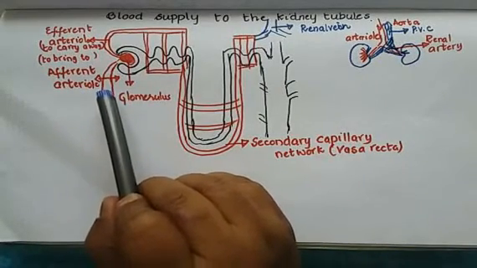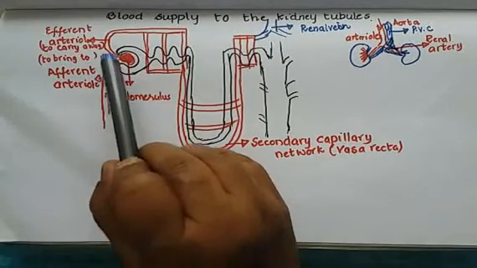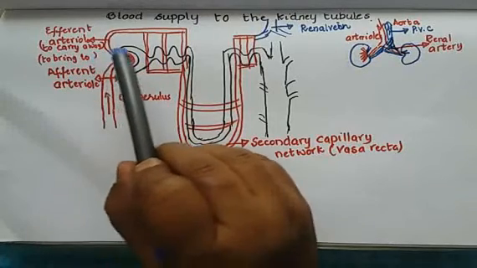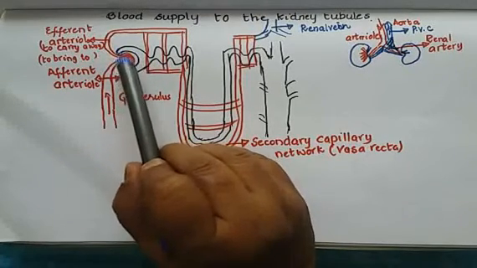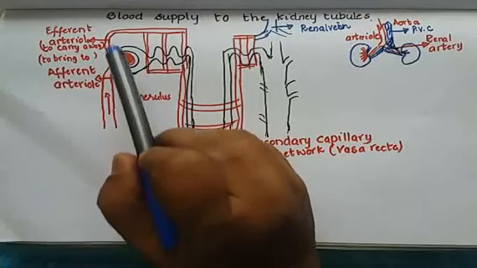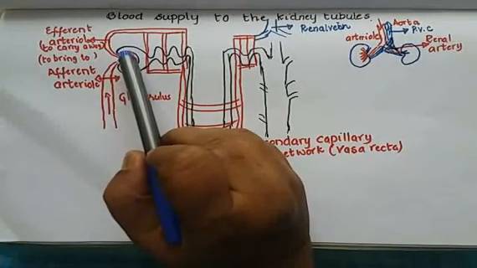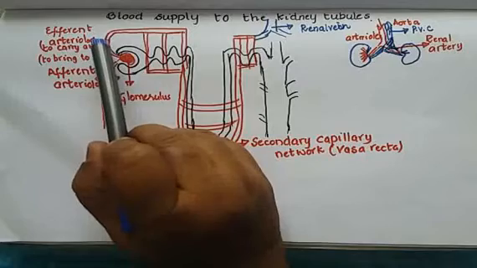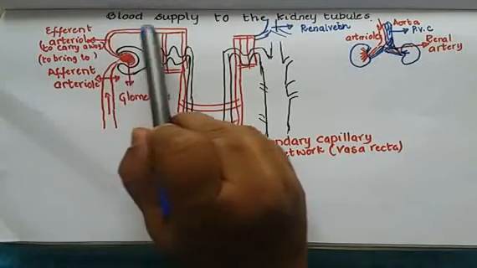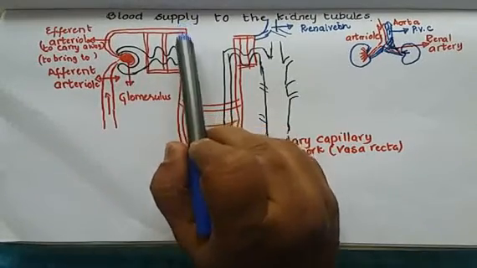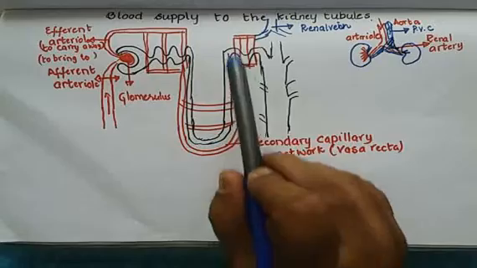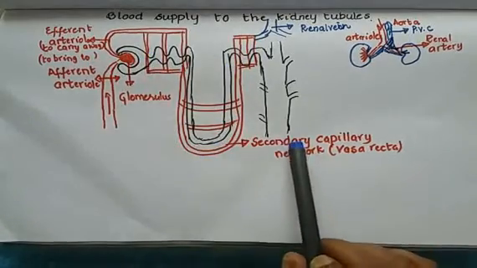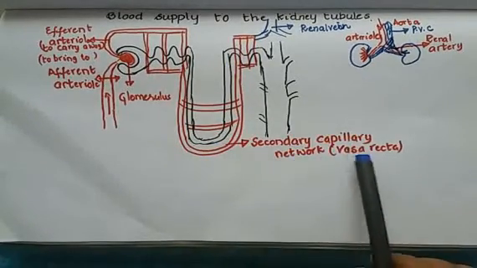So the arteriole which enters into the Bowman's capsule is known as an afferent arteriole, which forms the network of capillaries known as a glomerulus. All these capillaries again reunite to form one more arteriole known as an efferent arteriole, which runs for a short distance and again divides to form the secondary capillary network, the capillaries for the second time, known as a secondary capillary network or vasa recta.